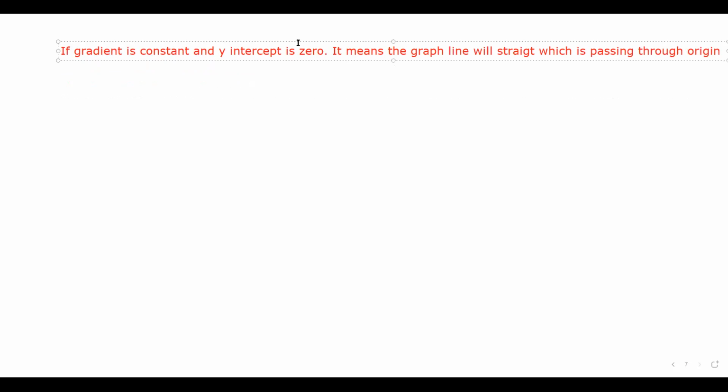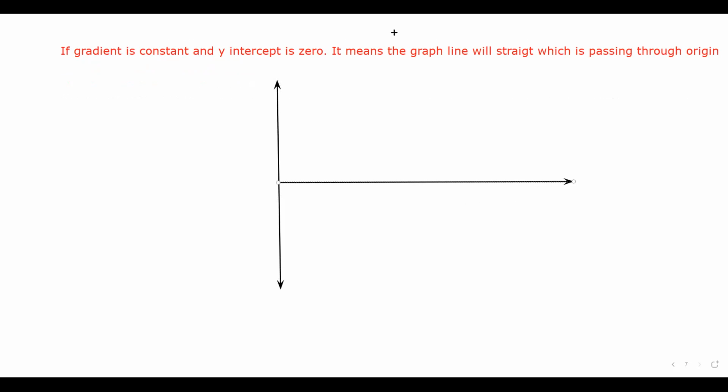So if the gradient is constant and y-intercept is 0, then what should be the shape of the graph? Because sometimes using the equation you have to work out the shape of the graph. So it will be a straight line which will pass through the origin. So this is y-axis and this one is x-axis.